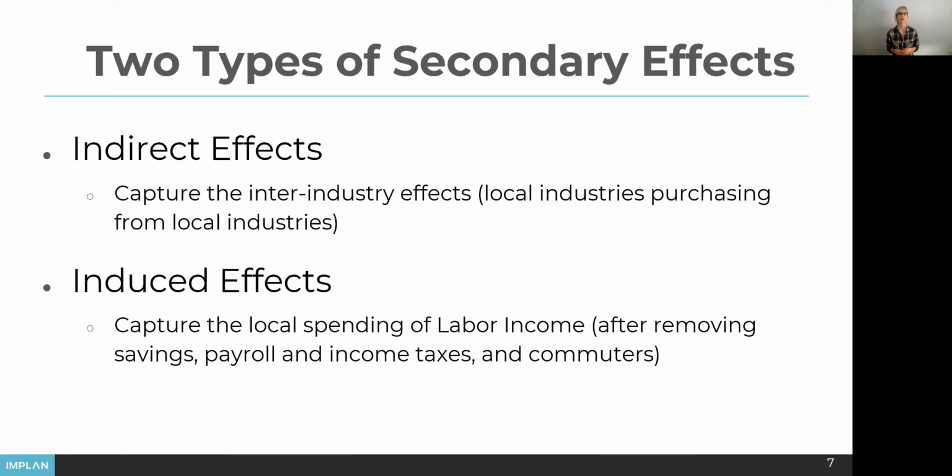One other thing to keep in mind is that a local purchase isn't the same as local production. So for example, if some of these local employees go to the local Walmart or Target and buy clothing there, we have data on whether or not that clothing is manufactured in the region, and it's probably not. There's very little of that in the US, especially at the county level.